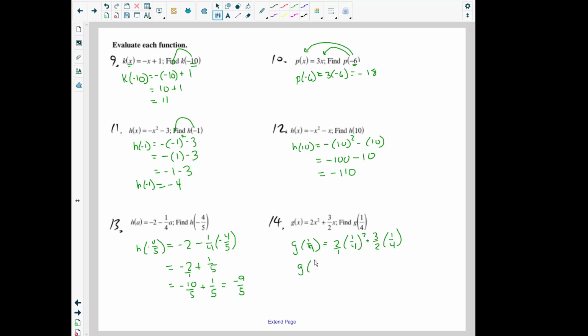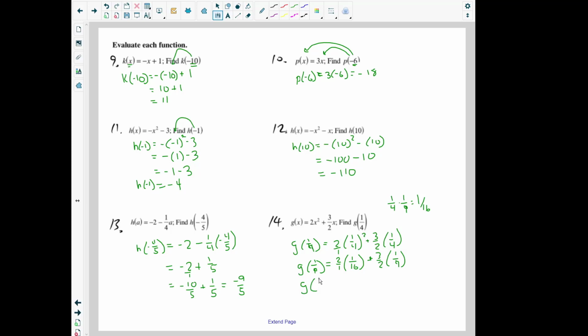So g of 1/4, again, sorry about the typo there, equals, now 1/4 squared is 1/4 times 1/4. 1/4 times 1/4 is 1/16. So this is 2 over 1. Notice the parentheses do not drop yet. Over 1/16 plus, and I'll do this multiplication later because I'm in the E stage. I'm still doing exponents. 1/4.